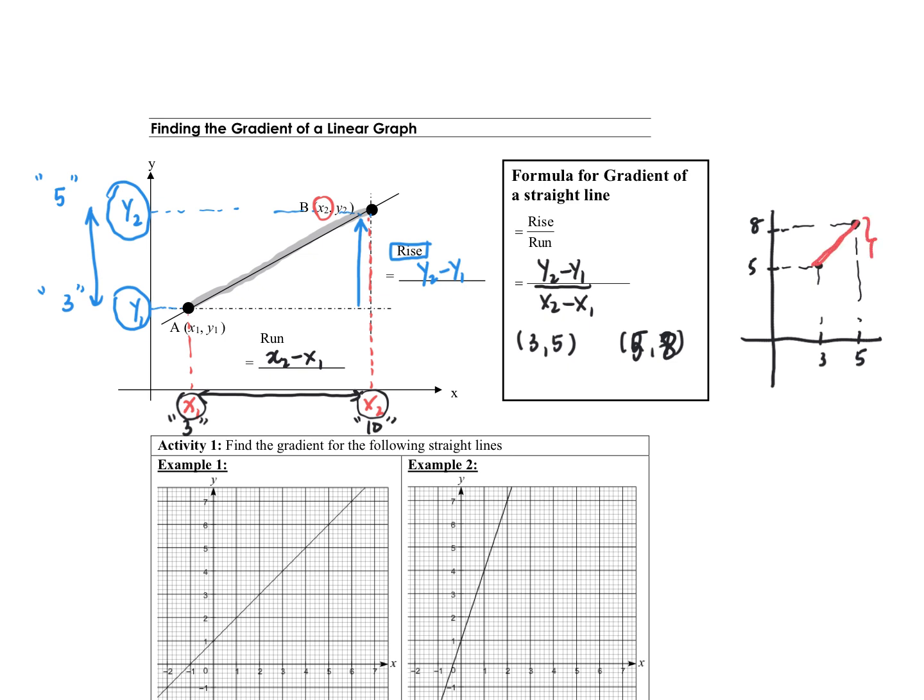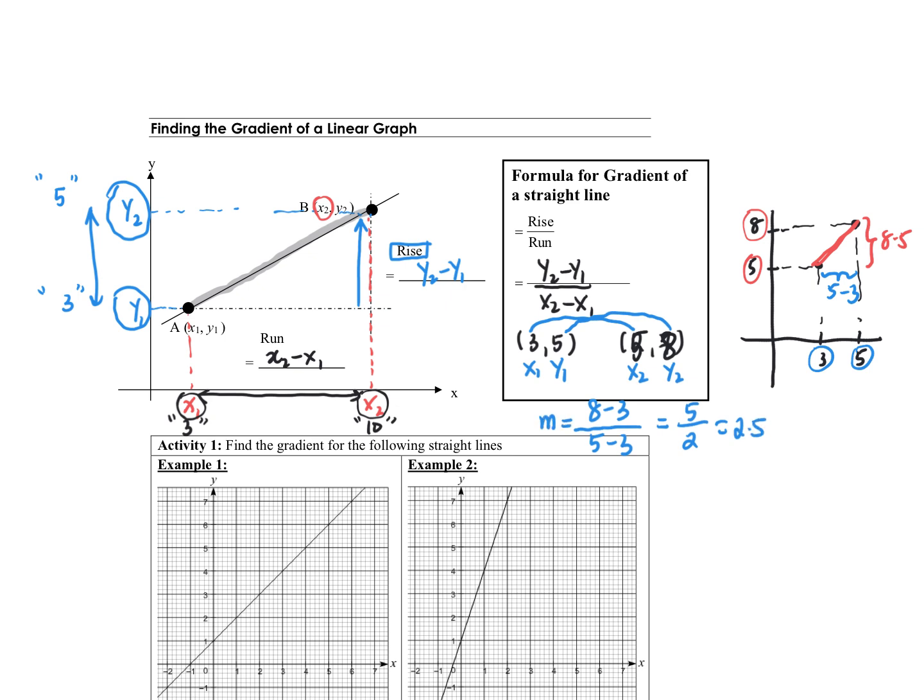I need to find my rise, which is 8 minus 5. Right? And I need to find my run, which is 5 minus 3. So it's as good as, let's call this y2, x2, x1, y1. Then I use 8 minus 3 to divide by 5 minus 3. So I get my gradient to be 2.5. So my gradient is 2.5.